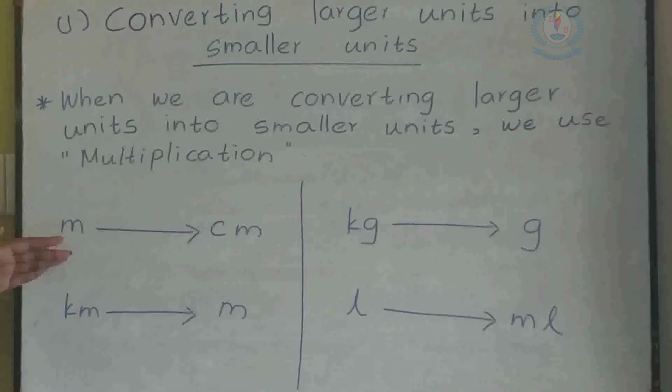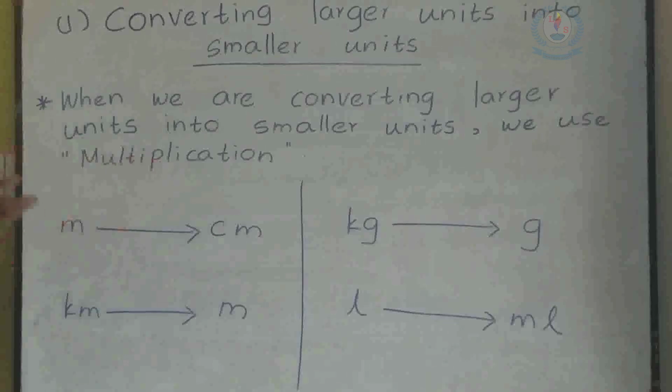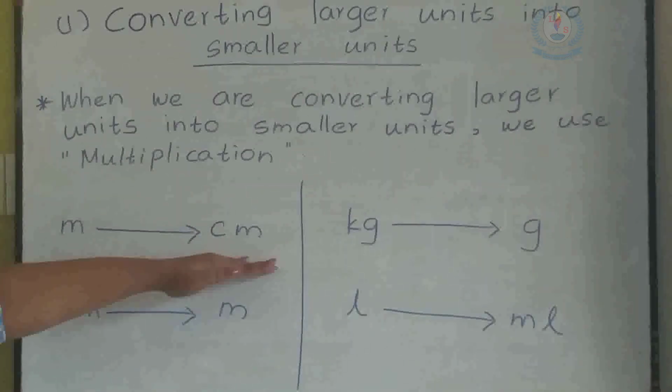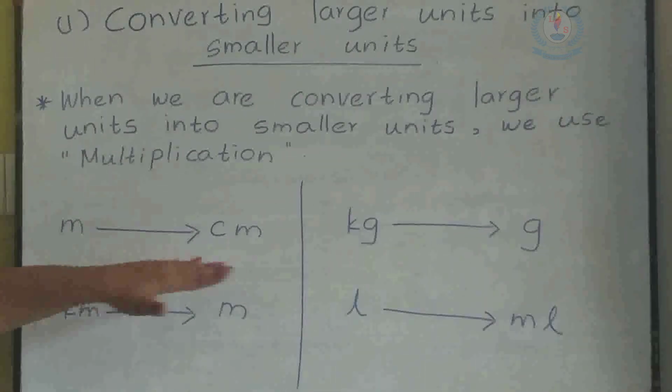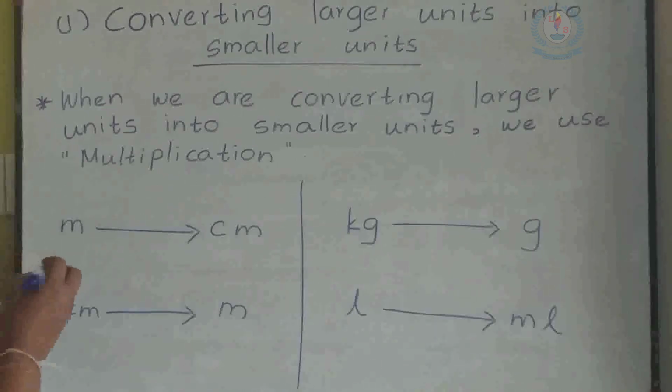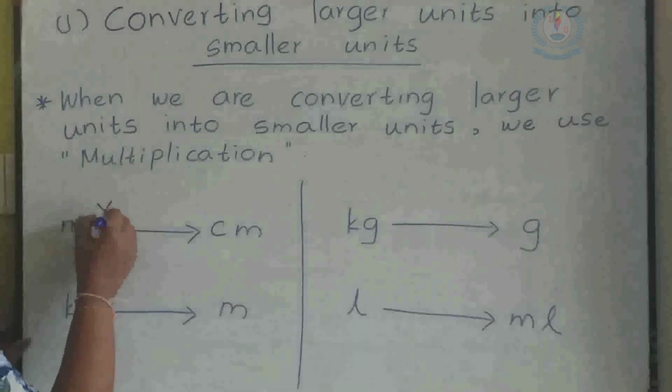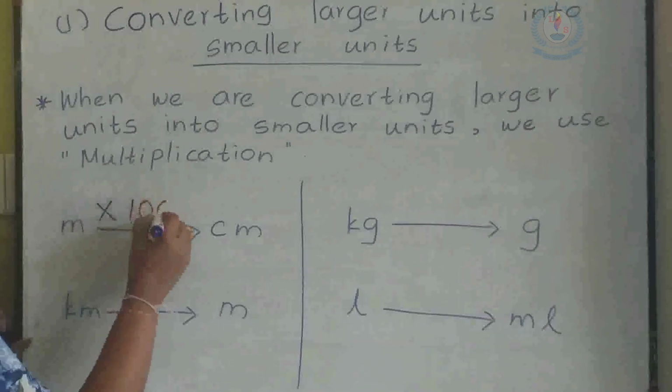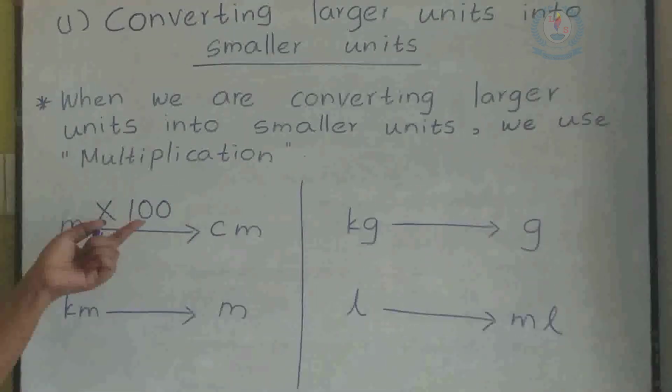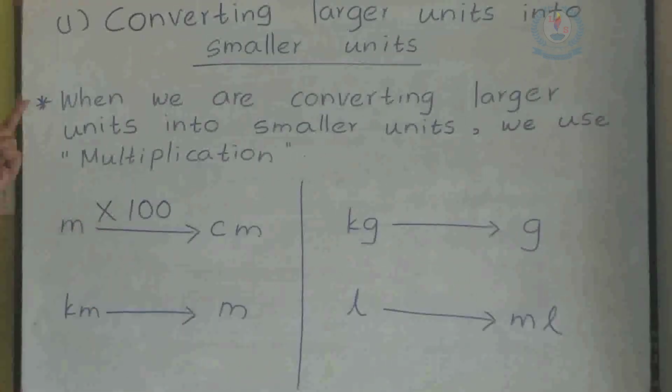Then to convert meters to centimeters, larger unit to smaller unit, we need to multiply by 100. Why are we using 100 here? Because in the relationship that 100 is given.